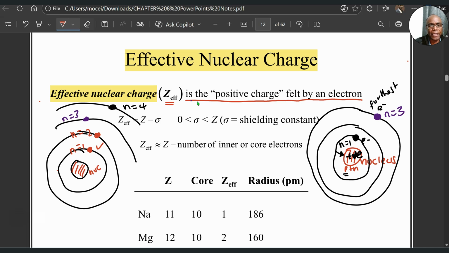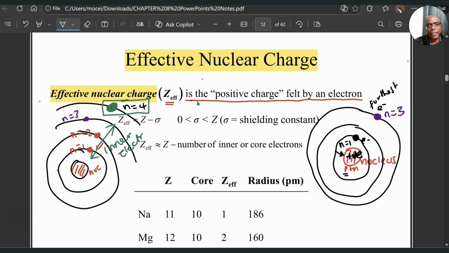Now by the time the electron on n equals 4, the electron on the 4th energy level, feels the positive charge strength, the nuclear strength will have been diluted or reduced by the inner electrons.